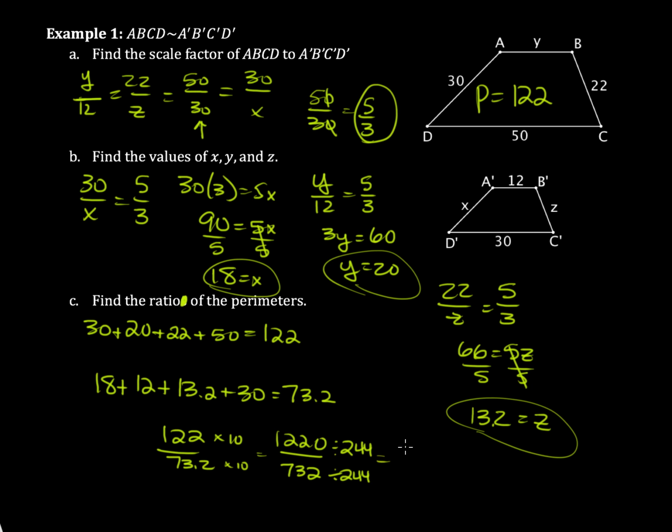If I divide them both by 244, I get 5 over 3. Lo and behold, it's the same as the scale factor. So if I have two similar shapes that have a scale factor of 5 over 3, the ratio of their perimeters turns out to be the same as the scale factor, 5 over 3. Interesting. I just wanted to complete that and put that 73.2 there.